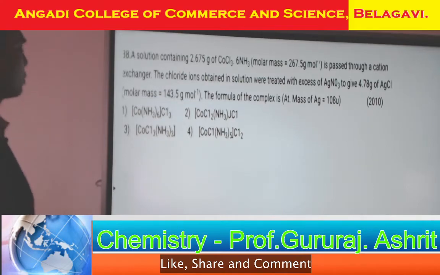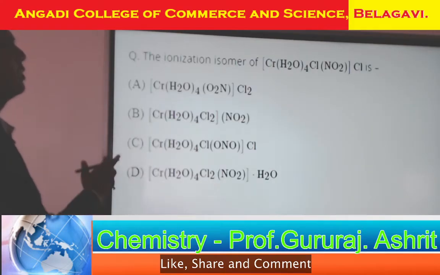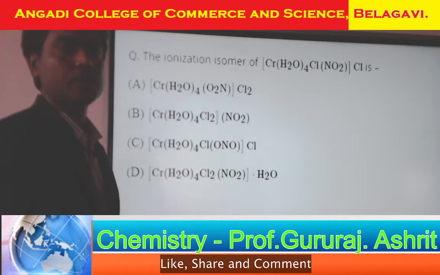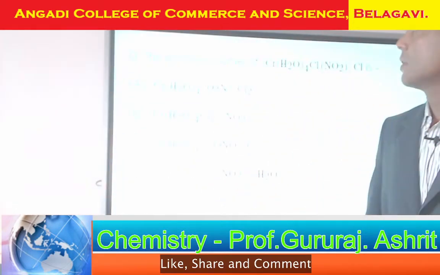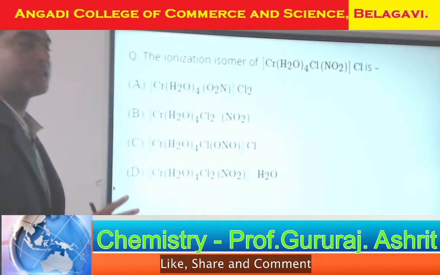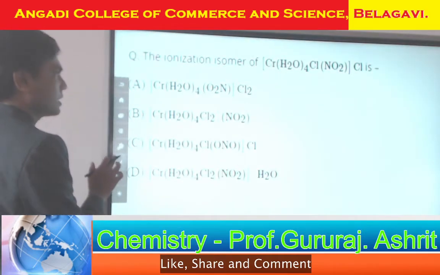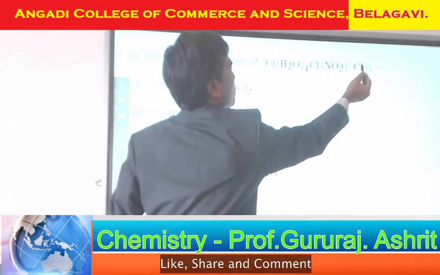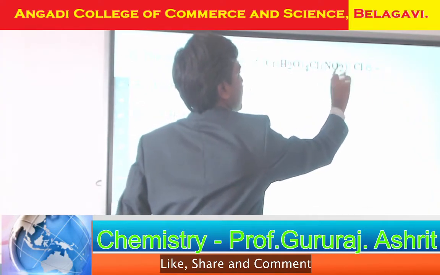So this is the question which is lengthy, and now we go for this last question. The ionization isomer of [Cr(H2O)4(NO2)Cl]+ is... Again I told you, ionization isomer means what? Ions changing. So here easily you can see Cl and NO2. You can take Cl inside, NO2 outside.